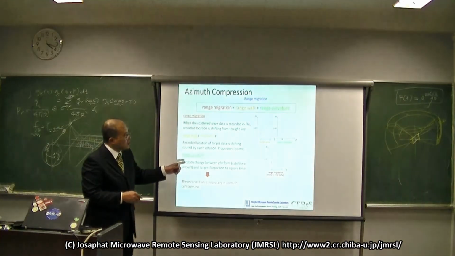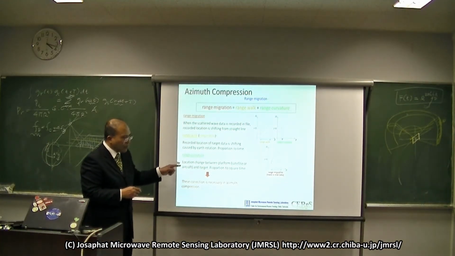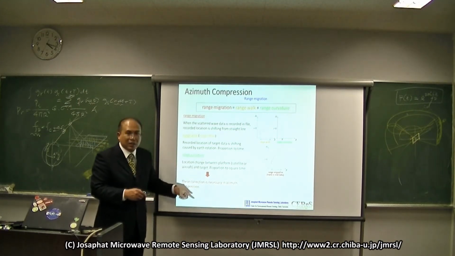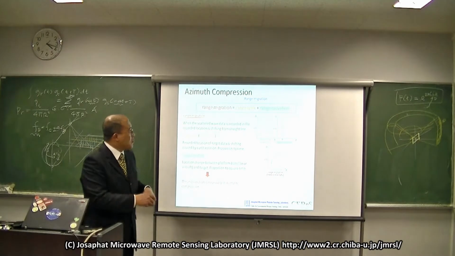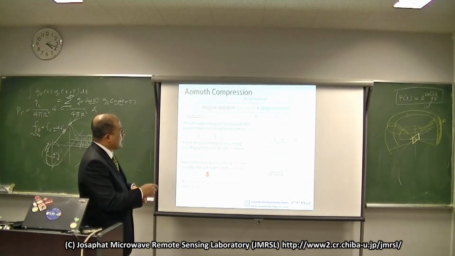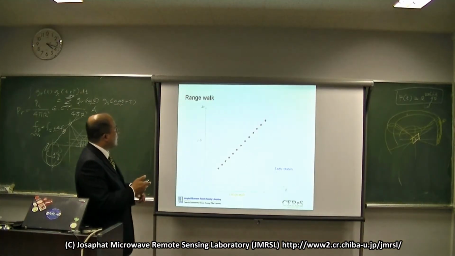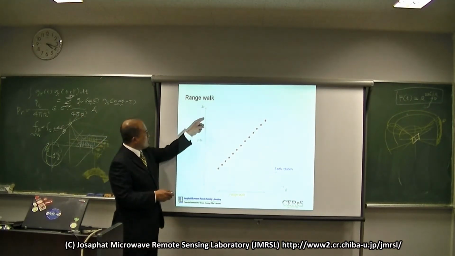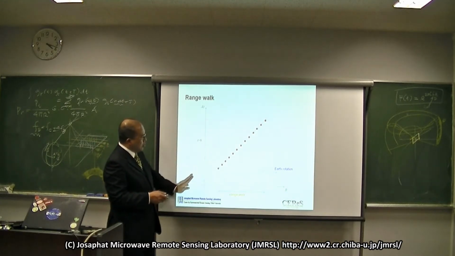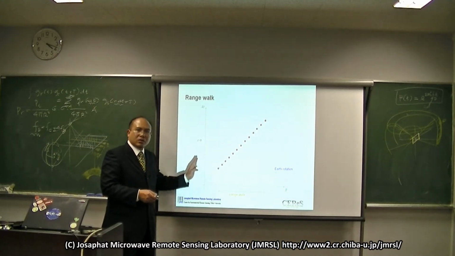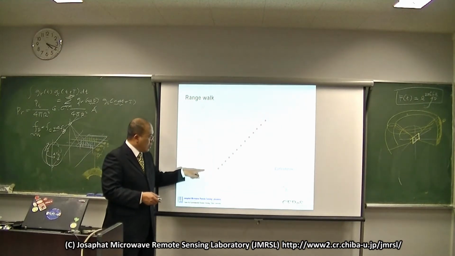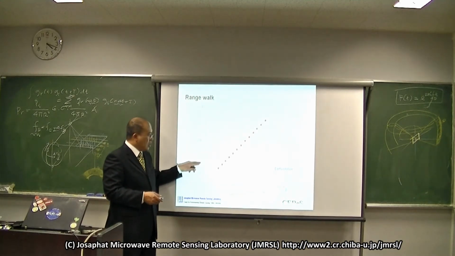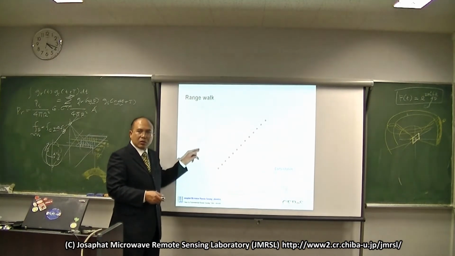And then range curvature. Range curvature is because of the effect of the distance between the platform and the target. I want to talk one by one. This is the time. When our satellite is moving, at one time it is at one position here, but when the satellite moves, it is at a position here.